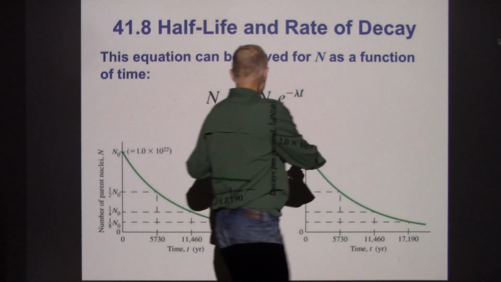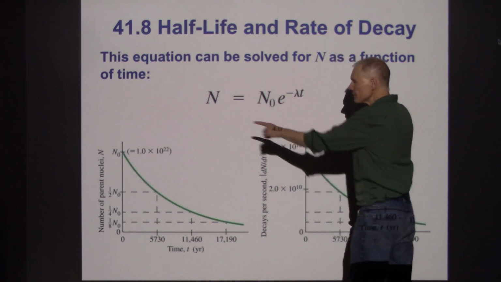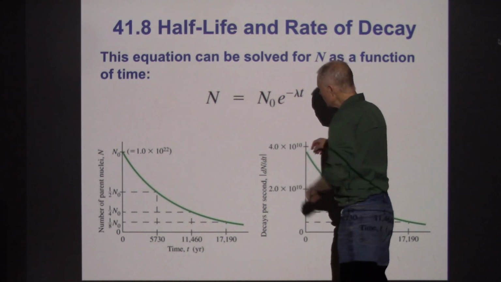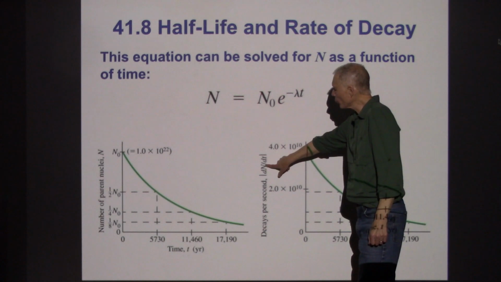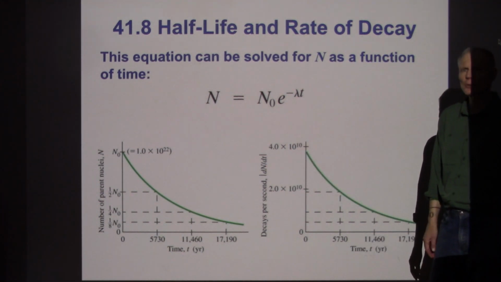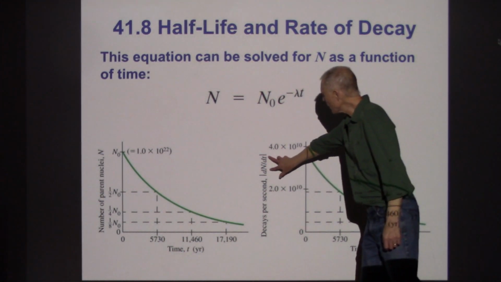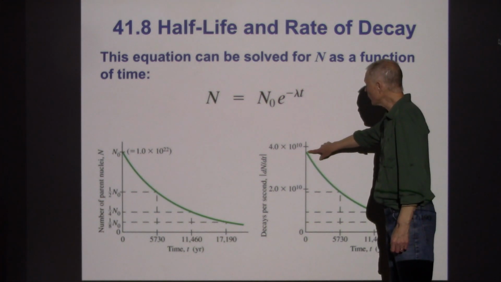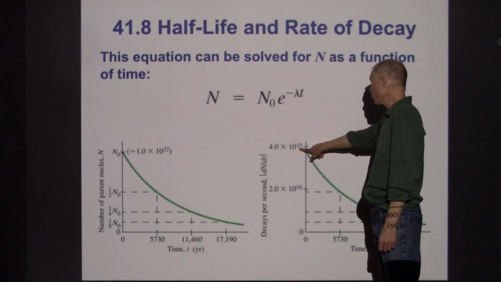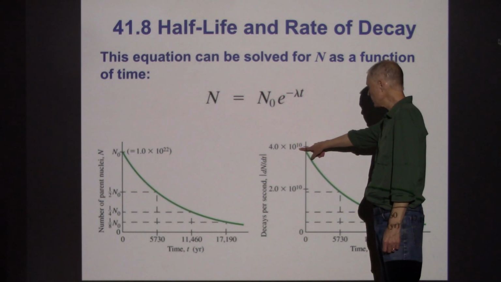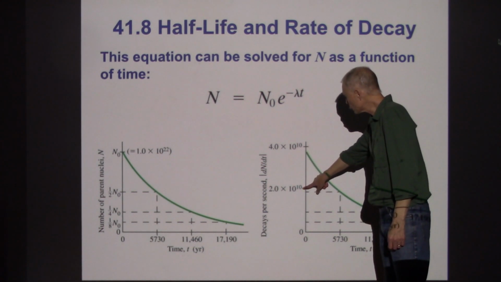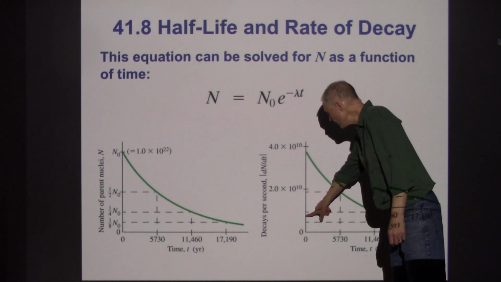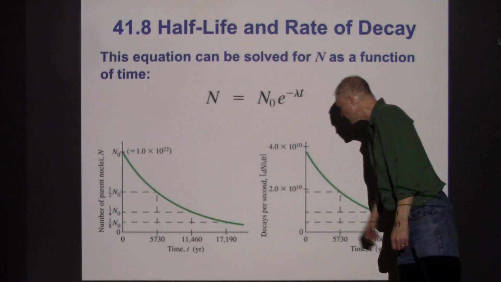Now, this is a related graph. The previous one was keeping track of number. This one is keeping track of the rate at which the decays are happening, dN/dt. So it's saying that we start off with 40 billion decays per second, and that has dropped down to 20 billion decays per second, and then 10 billion decays per second, and then 5 billion.